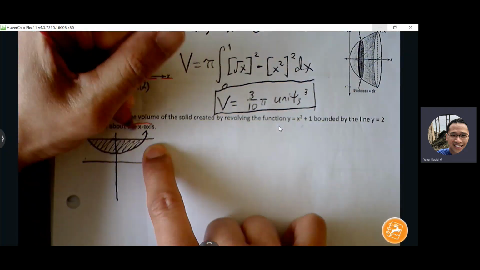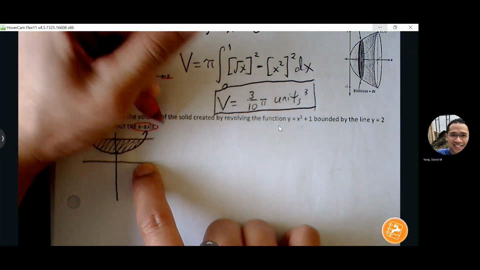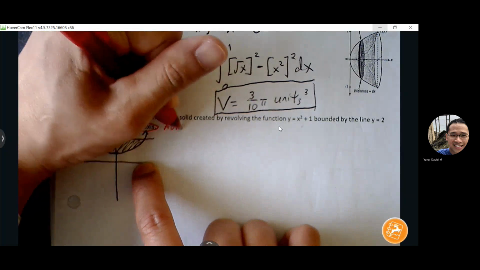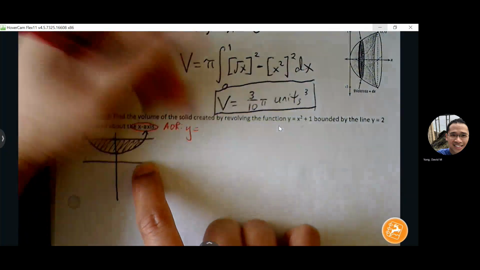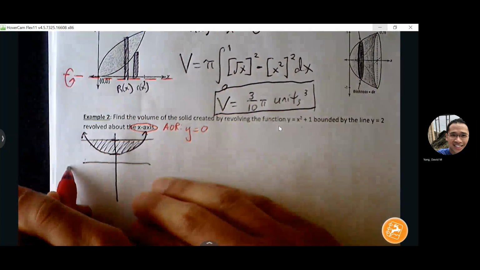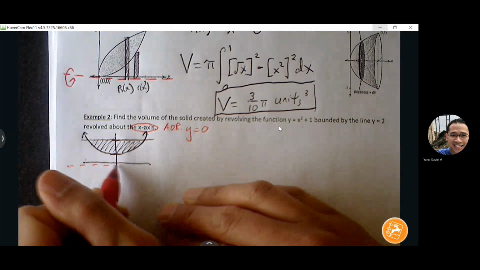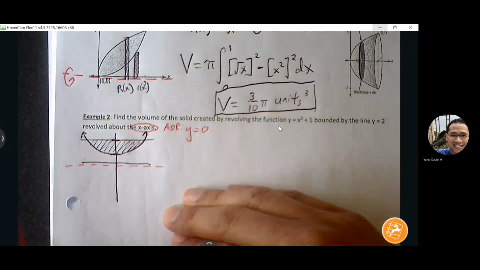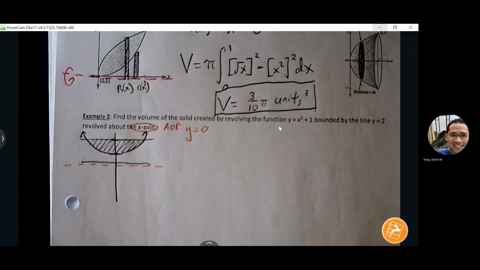The x-axis, what's the equation for the x-axis? Y equals 0. Okay, do you see a gap between the axis and the shaded region? Yes, so there's a hole, and so it's going to be washer method.